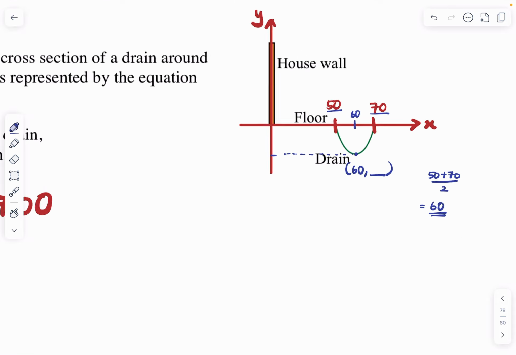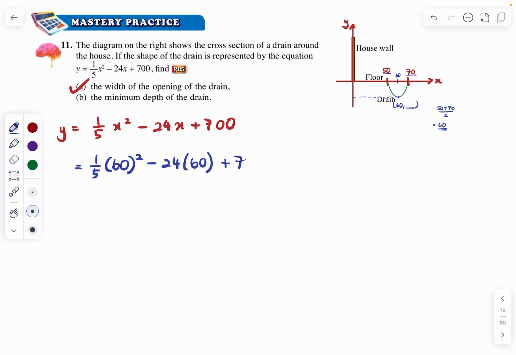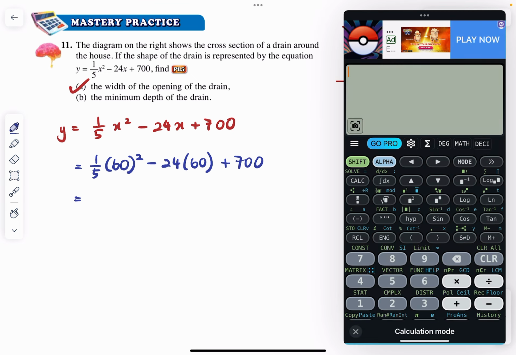Okay, so now let's put the x into the equation, we'll get our answer. So this equals 1 over 5 times 60 squared minus 24 times 60 plus 700.